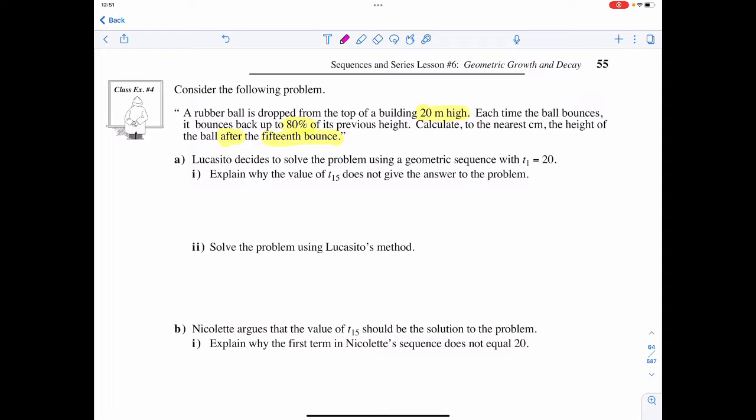When it says that Lucasito decided to solve the problem using a geometric sequence where the first term was 20, why is term 15 not the answer?